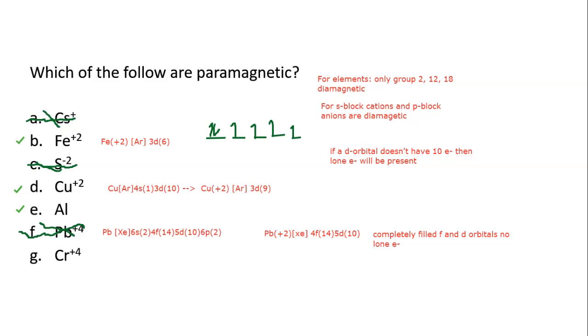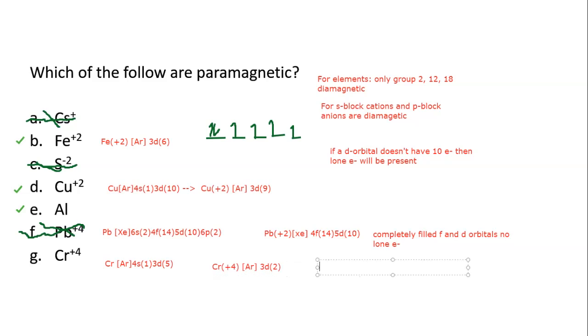Lastly, we have chromium 4 plus. So again, remember chromium is an exception. So chromium is argon 4s1 3d5. Now we want to get chromium 4 plus. We remove from the s orbital first, and then the d. So we get argon 3d2. Is that right? Yes.